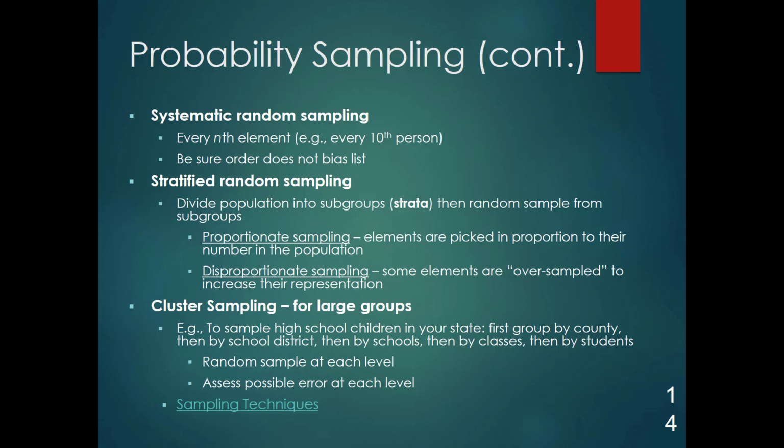So you have to make sure, if you select every 10th person, is that going to select participants all from one race? If you select every 10th element, is it going to select only from one gender?